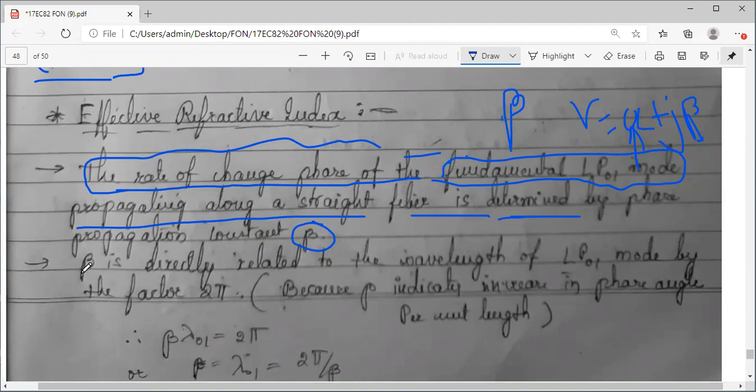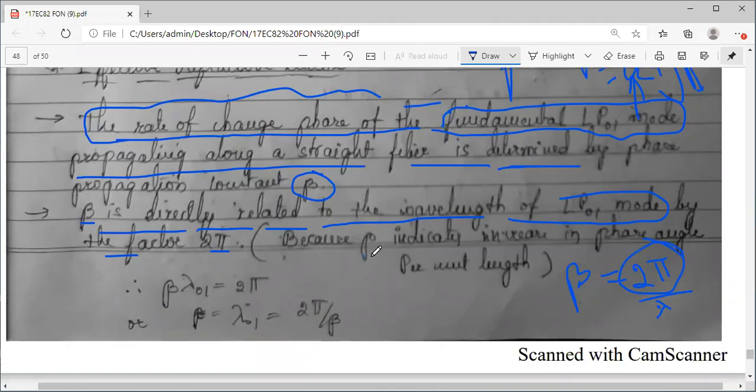So we can relate beta and the wavelength because you already know beta equals 2 pi by lambda. So beta is directly related to the wavelength of the LP01 mode by the factor 2 pi, right? Beta is related to lambda by a factor 2 pi. And what beta indicates is the increase in the phase angle.